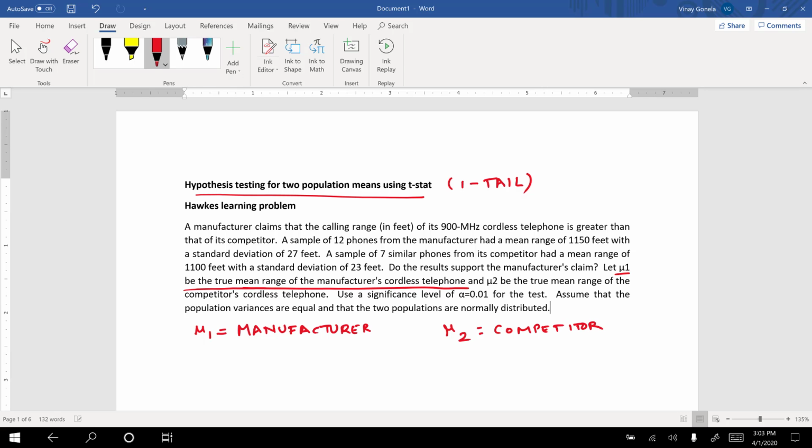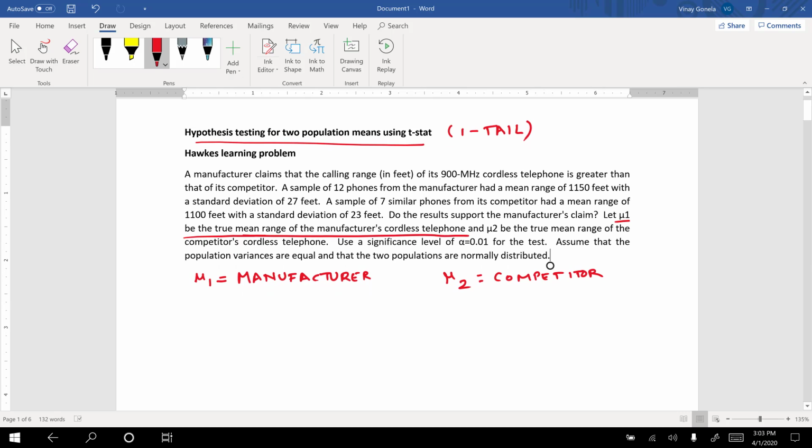So when we do hypothesis testing, the first step is to define our hypothesis. We have H null and then we have H alternative.